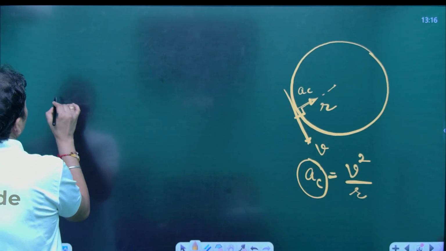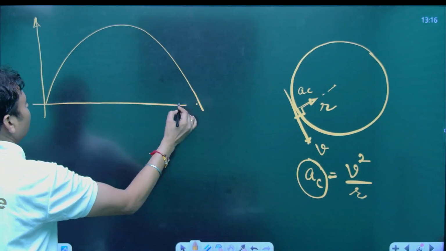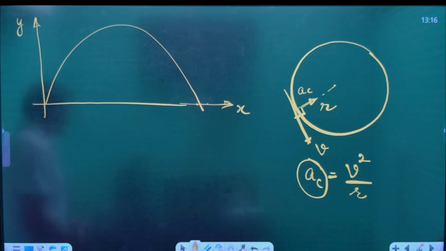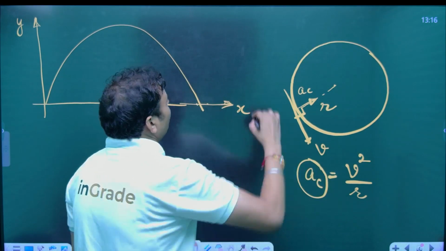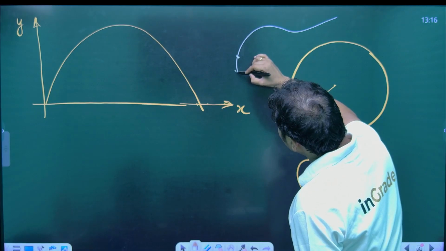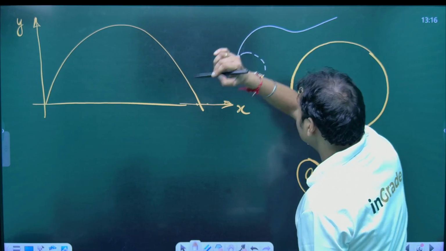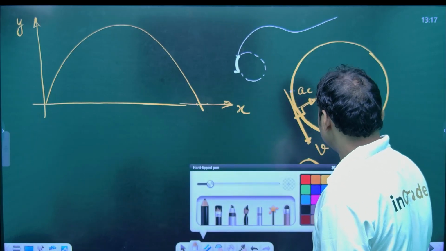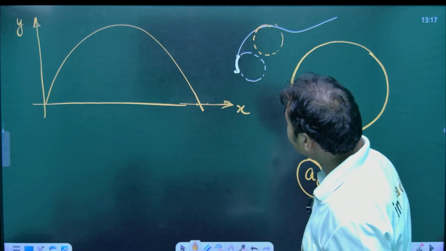Now, because projectile motion is a parabolic path, try to understand this. This is y direction, this is x direction. The projectile motion is a parabolic path, or it is a curvilinear motion. So any curve, a very small part of the curve, can be taken as the arc of a circle. Similarly, this curve can also be taken as part of the circle, isn't it?